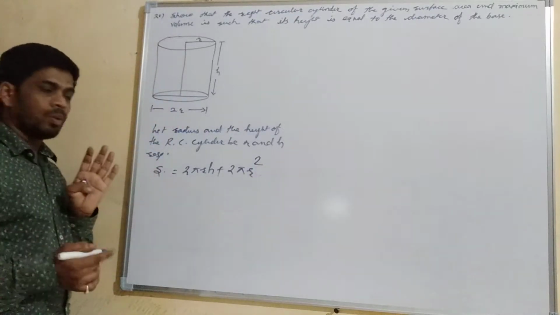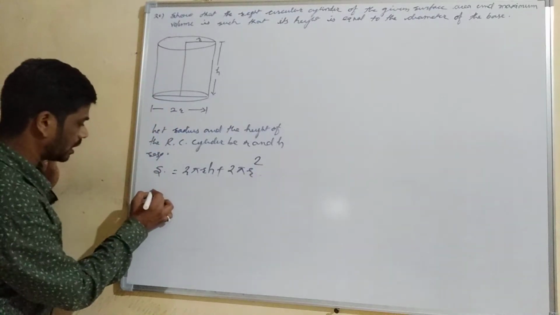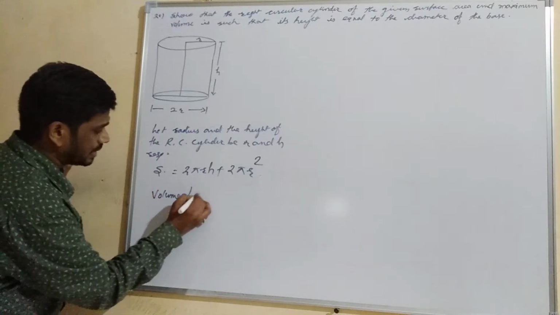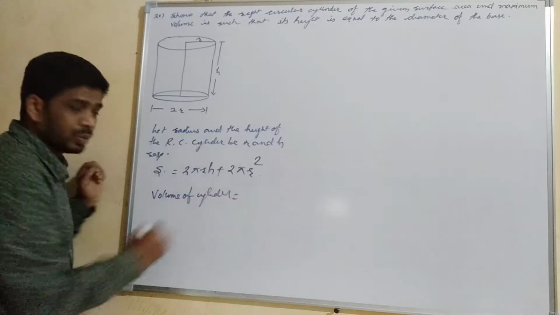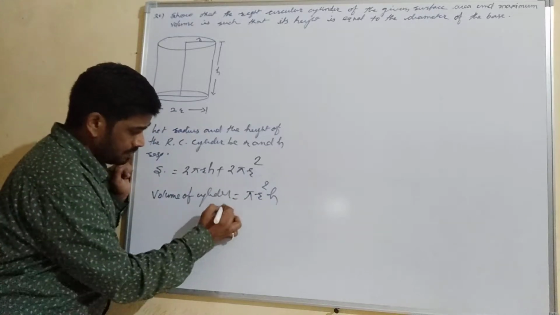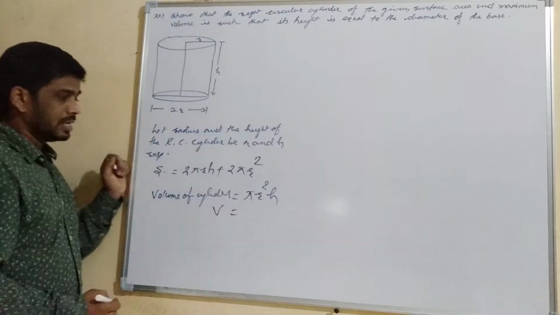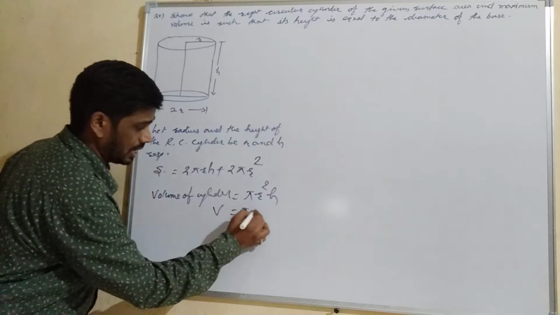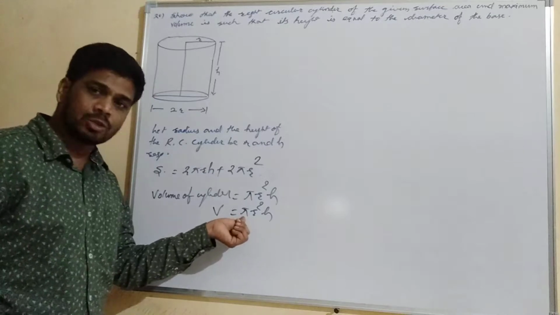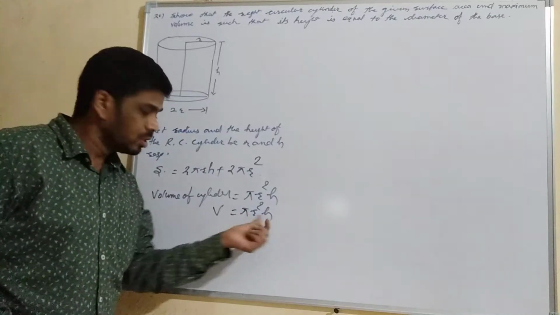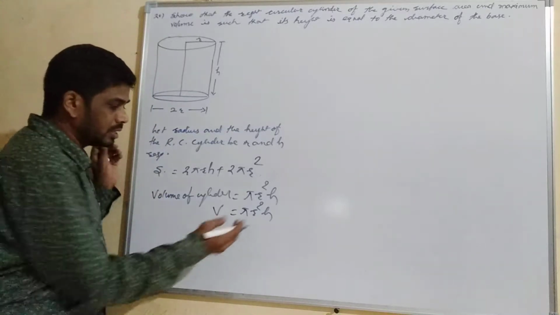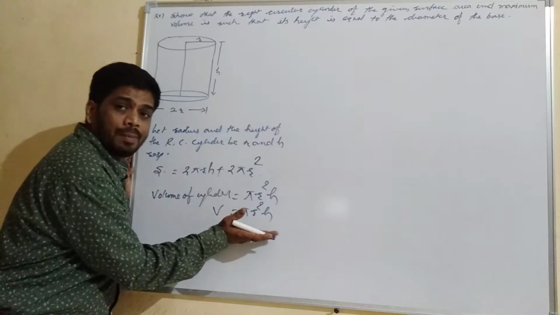Why? Because volume we have to find, and you know that volume of a cylinder is equal to pi r square h. So here volume equals pi r square h, which means this pi is constant, and there are 3 variables: 1, 2 and 3. So you have to try to convert this into 2 variables only.